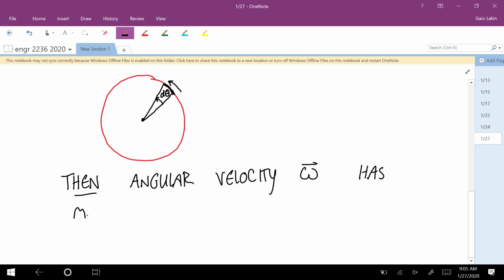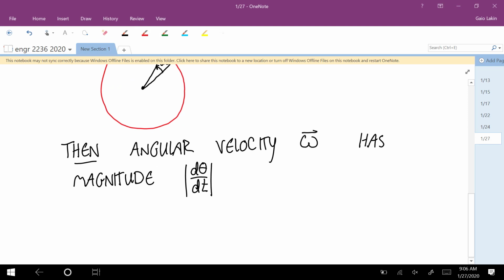It has a magnitude that's equal to the absolute value of d theta dt. Obviously that's a derivative, but if you're trying to make sense of it intuitively, just think about that tiny sliver of motion, that tiny change in angle d theta, divided by that tiny change in time dt, and that's the magnitude.